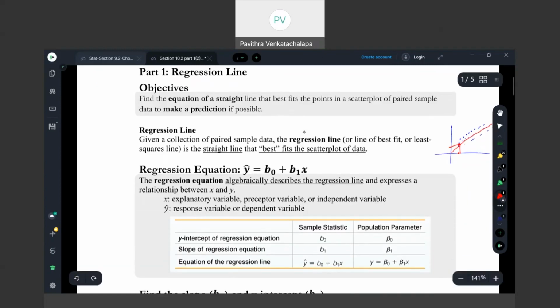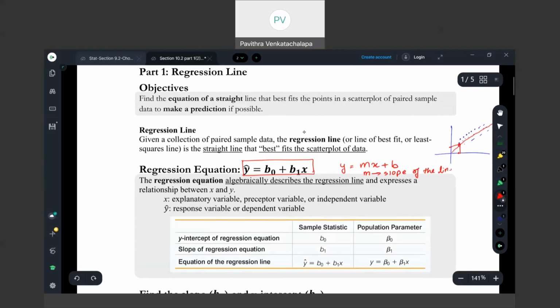Now, how does the regression equation look? When we are talking about a straight line, this is the standard equation. Usually we denote it as mx plus b, where m stands for the slope. M means the slope of the line.